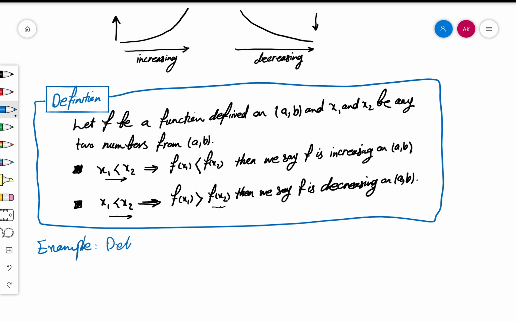Determine if the function f of x equals negative 2x plus 3 is an increasing or decreasing function.